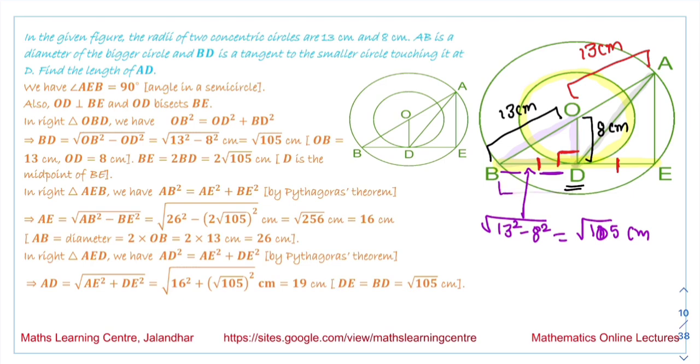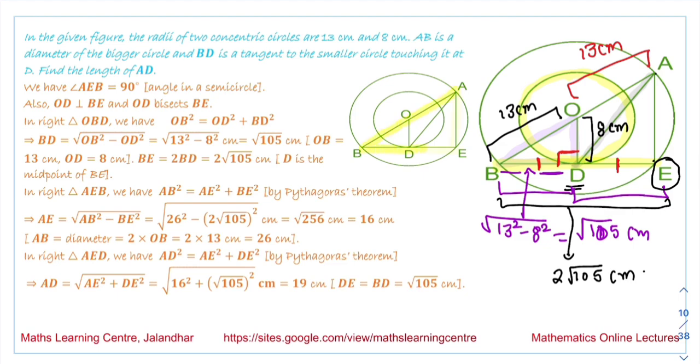We already know that BD and DE lengths are equal. It means this total length BE is 2 times the square root of 105 centimeters. Now we are talking about this point E over here, and we have joined the points A and E. If we look at this triangle over here, I am talking about the triangle ABE.